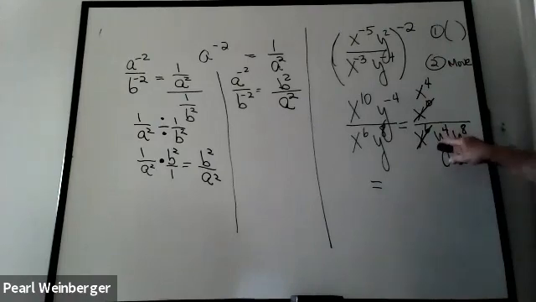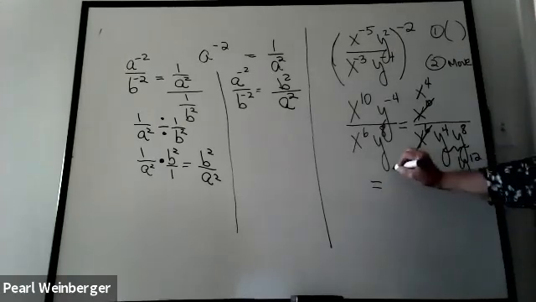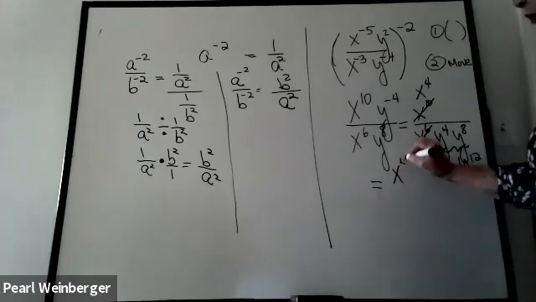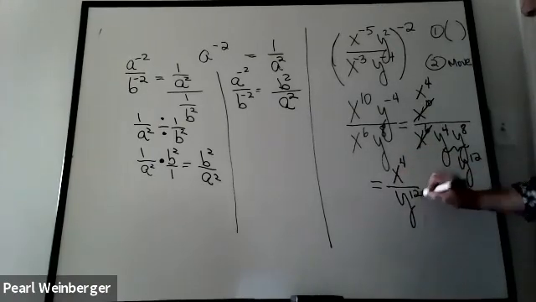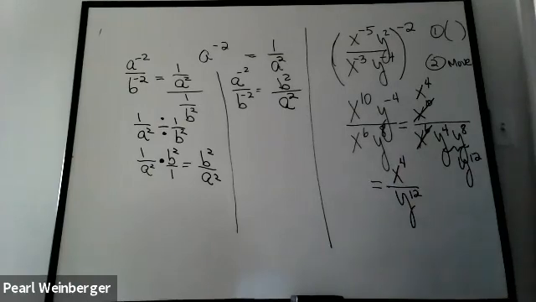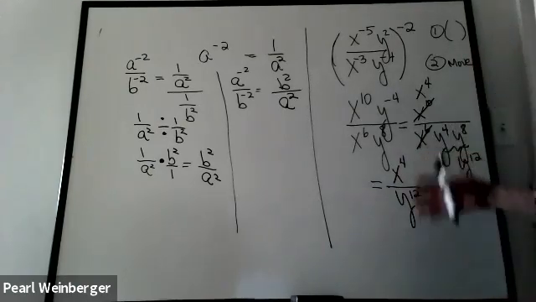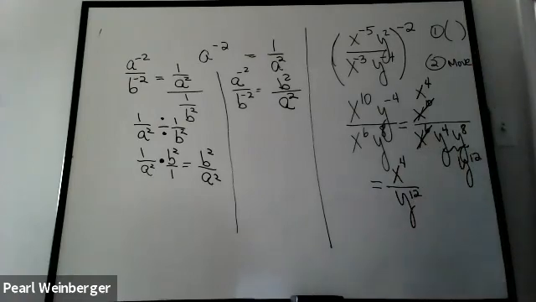So I am multiplying y to the 4th and y to the 8th. And I know when I multiply, I add their exponents. So this becomes a y to the 12th. So my final answer becomes x to the 4th in the numerator and y to the 12th in the denominator. And notice it has no negative exponents, and everything that we could possibly combine has been combined.